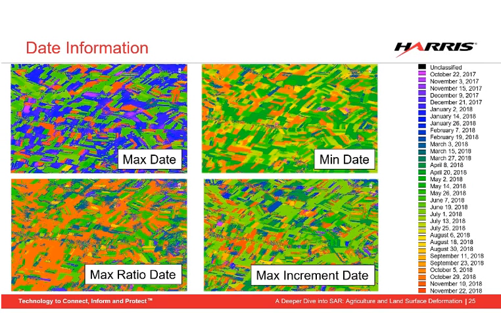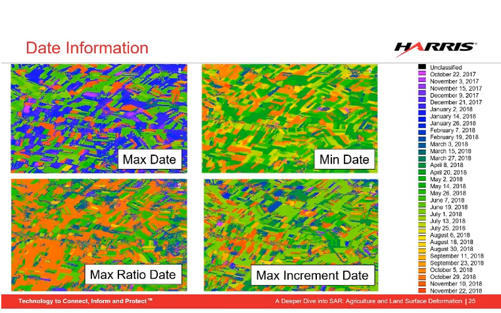Another output that you get from the intensity time series workflow is statistical information on the fields related to the dates themselves. On the screen, we are viewing a few of these outputs. The maximum date output on the upper left-hand corner shows when areas had the highest intensity response, usually having to do with maximum plant growth or when the farmers are working on the field. The minimum date is related to the sowing stage in agriculture for most grain crops, such as barley.